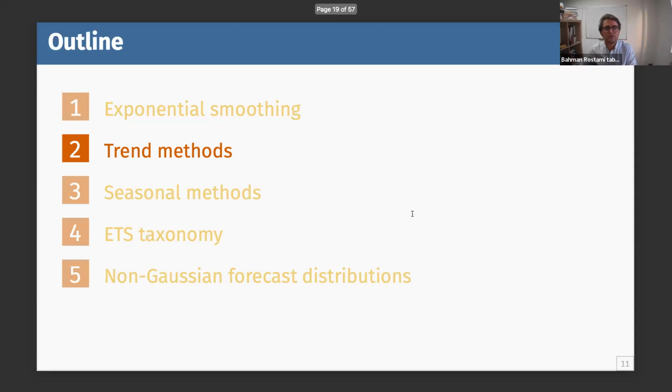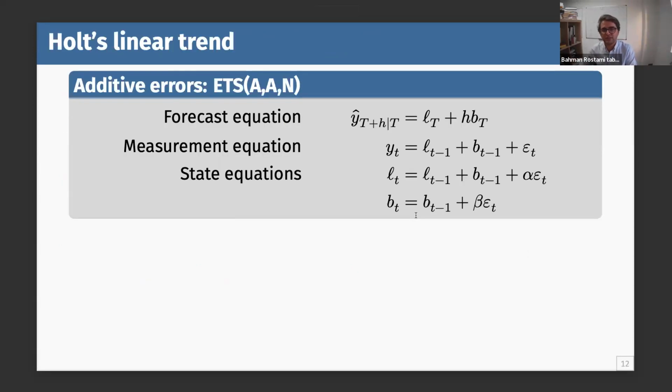So if you want to get the trend and add it to this, we need a new state equation. We need an equation to tell us how the trend changes over time and how we add it to the other state equations, then to the measurement equation, and at the end to the forecast equation.